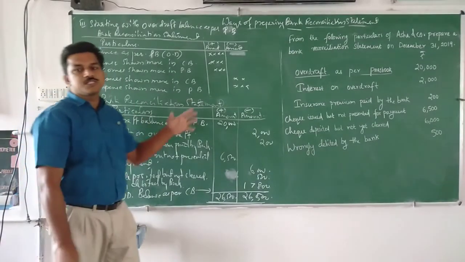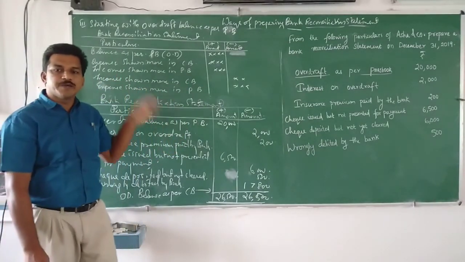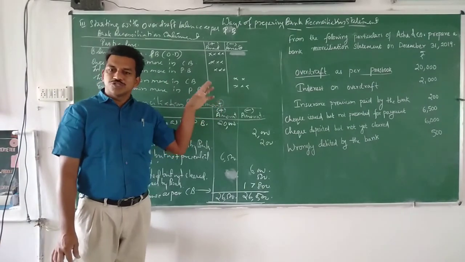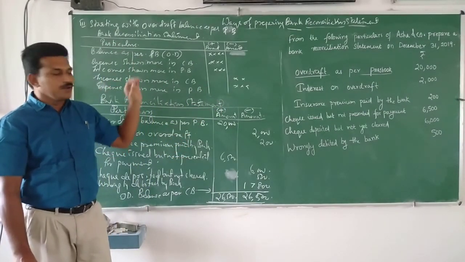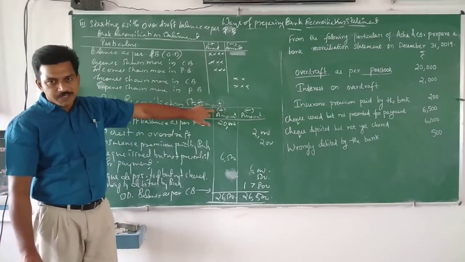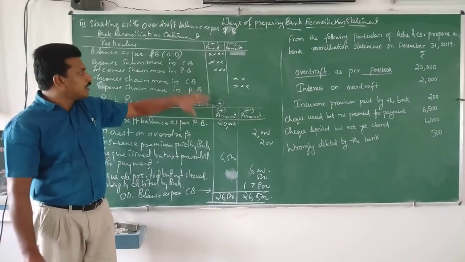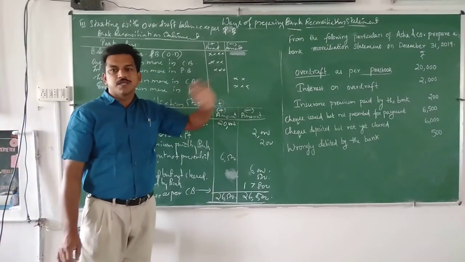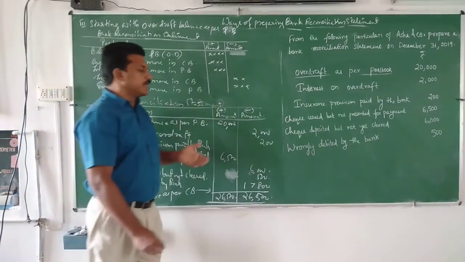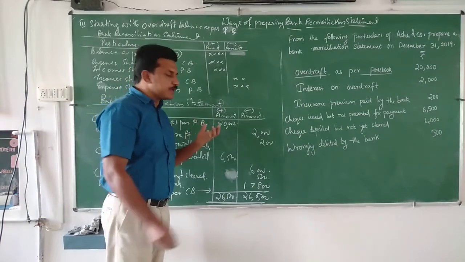So this is the simplest way of preparing bank reconciliation statement in all the 4 cases. Only one thing you have to remember: all the debit balances can be taken here by keeping the formula like this, and all the credit balances can be taken in the negative column. Then which are the debit balances?